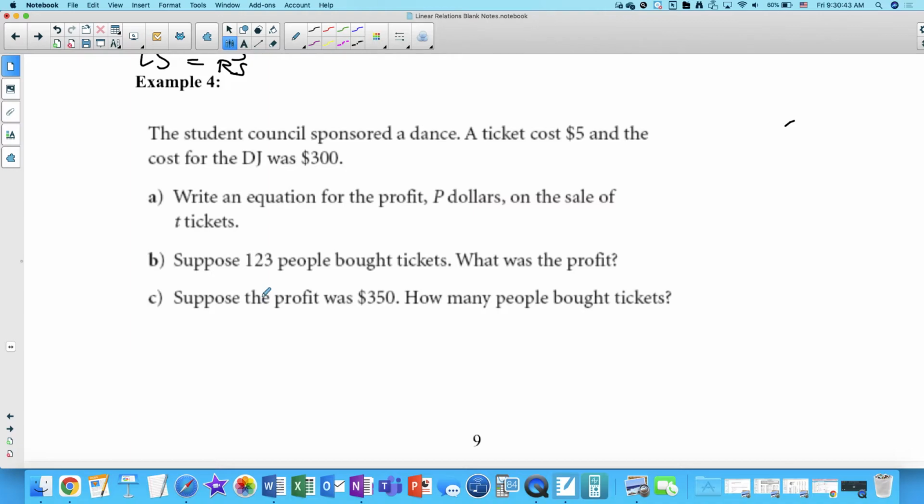What are your costs? If you're running a lemonade stand, my kids have had one, and I usually just cover the cost of the lemonade so they don't have to think about this. But in reality, you have to pay for lemons and sugar, or you can buy the canned mix. There's costs involved.